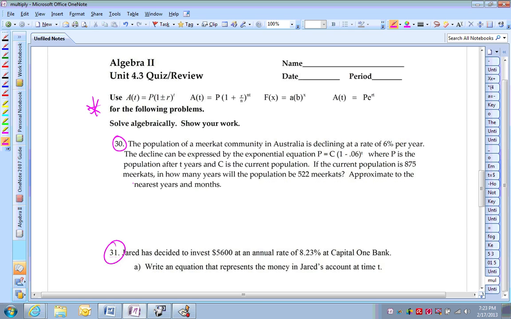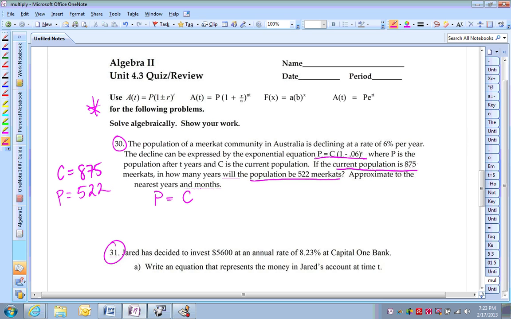And the decline can be expressed by the exponential equation P equals C times 1 minus 0.06 raised to the T, where P is the population after T years and C is the current population. So it tells us the current population is 875. So C is equal to 875. And they want to know how many years it will be until the population will be 522. So we're going to replace P with 522.